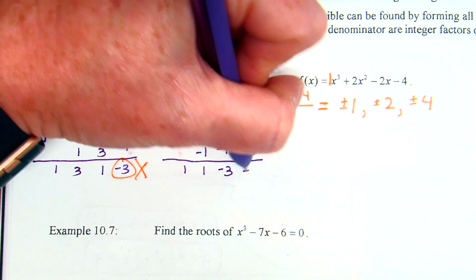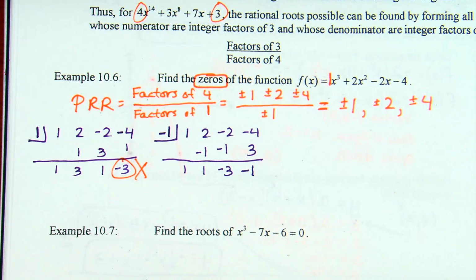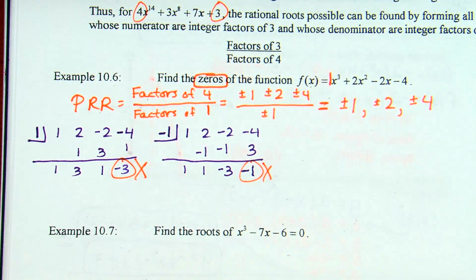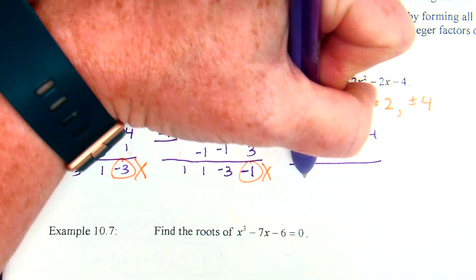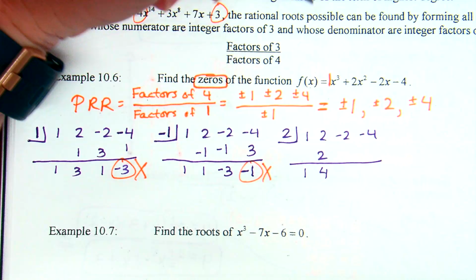This time I got a remainder of negative 1, so guess what? That one doesn't work either. Now we're going to try 2. Drop the 1, multiply. 2 plus 2 is 4. Multiply.